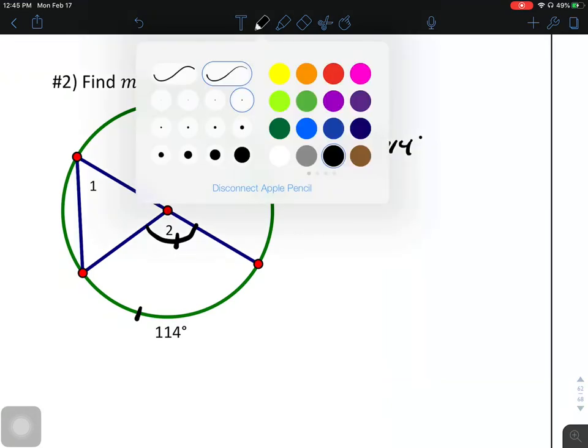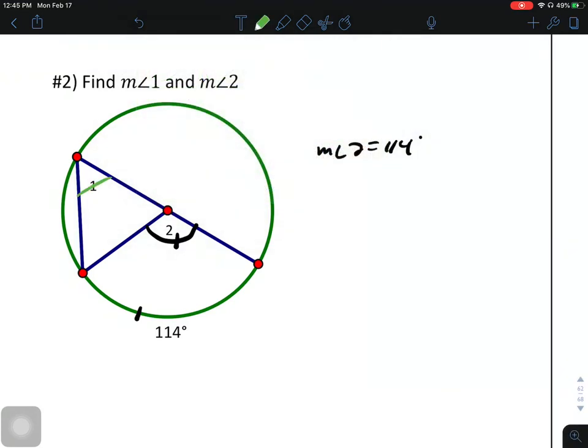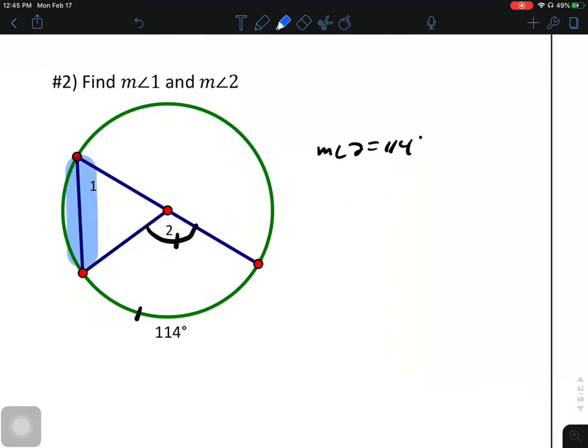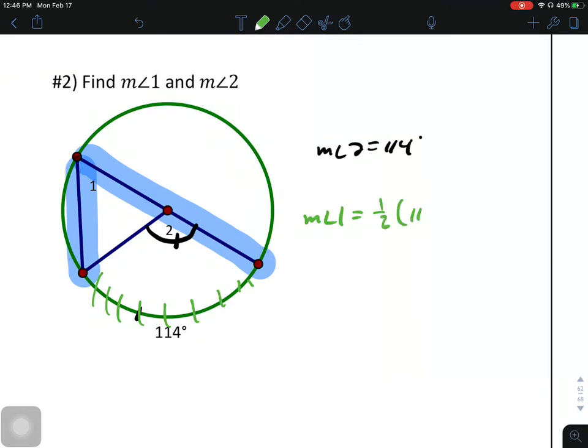Angle 1 has an intercepted arc that's this 114 as well. So we got this angle, and we got this intercepted arc. According to the theorem on the other side, the measure of this, I think I might have said central angle, measure of this inscribed angle has to be half of the intercepted arc. Half of 114 is 57.